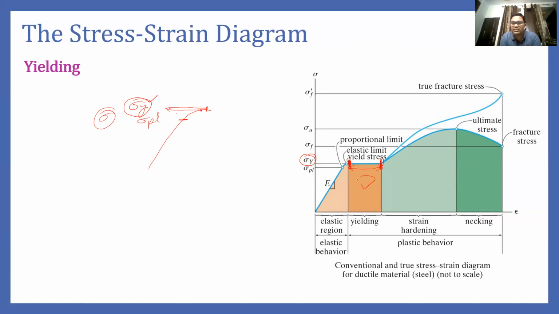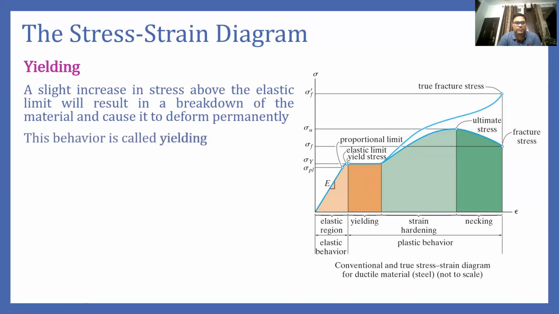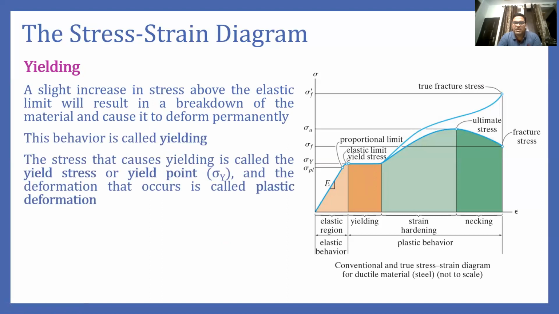That is why this region is sometimes known as the uniform or perfectly plastic region. This behavior is called the yielding of the material, and the stress corresponding to this yielding is known as sigma Y, the yield stress.